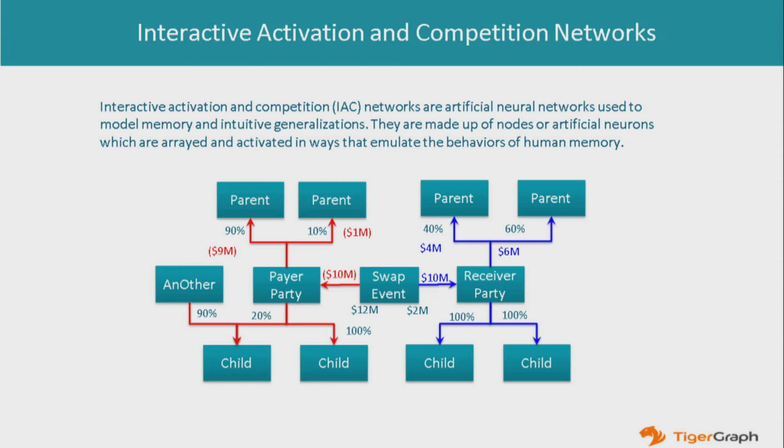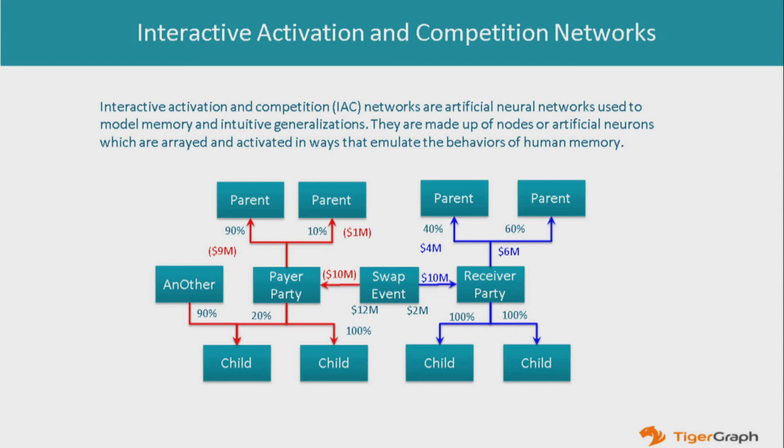How this works when you set these up is, if you understand the PageRank algorithm, this should be quite straightforward. If you have a transaction going, or a swap event going from a payer to receiver, the impact of these transactions crosses the entire network, going up through the parents, and there's an apportionment to the parents and also to the children and also to siblings over here.